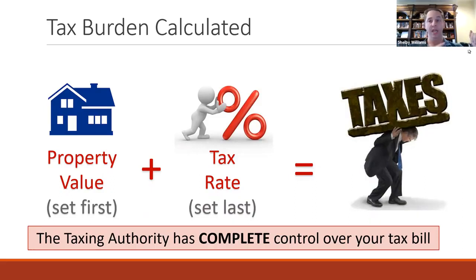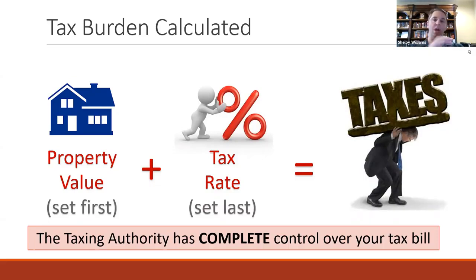Then, and only then, after we know the aggregate property values, the local taxing authorities, city, county, ISD, are going to look at that aggregate property value, and we're going to say, okay, this next fiscal year, October to the end of next September, we think we're going to need X hundred number of $1 million to operate our city and provide the public safety, the infrastructure, and the level of services people expect.